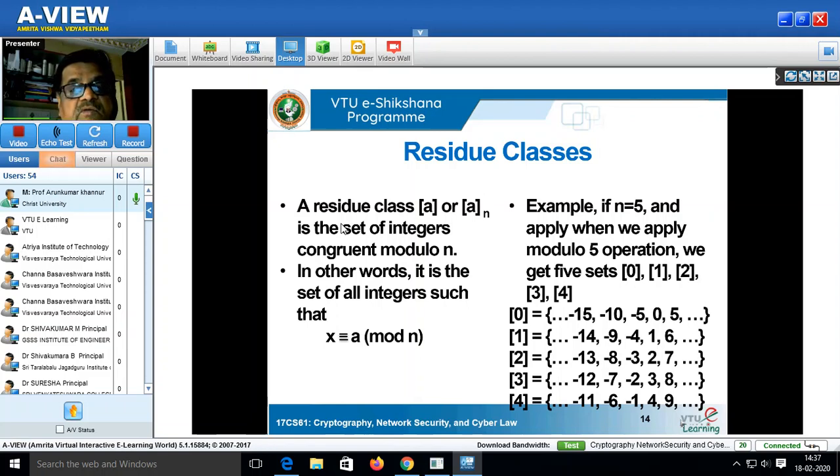Please remember, we are only interested in residues, not the quotient side. Similarly, minus 10, when I apply mod 5, once again I get 0 as a residue.